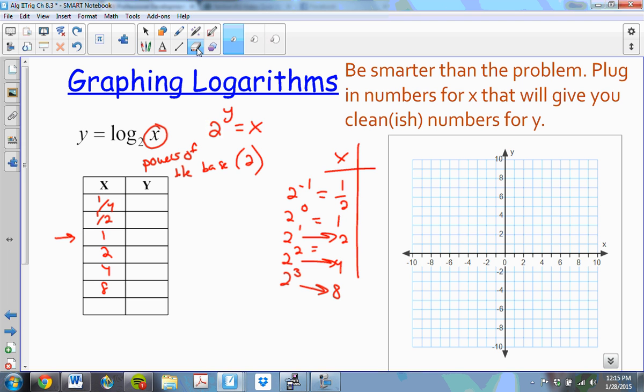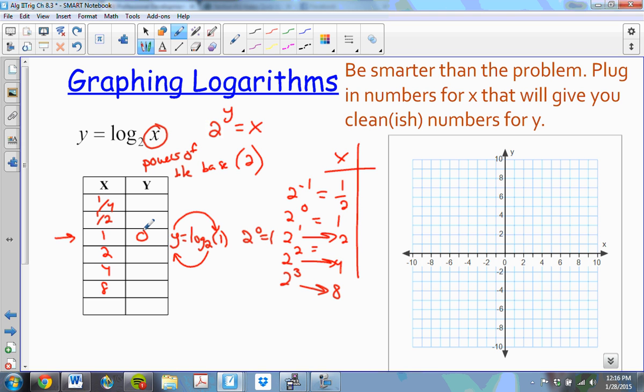What I'm really going to graph here is y equals log base 2 of 1. So the question is, 2 to what power equals 1? 2 to the 0 power equals 1, so the y value must be 0. This is the point (1, 0). So now we'll do this one.